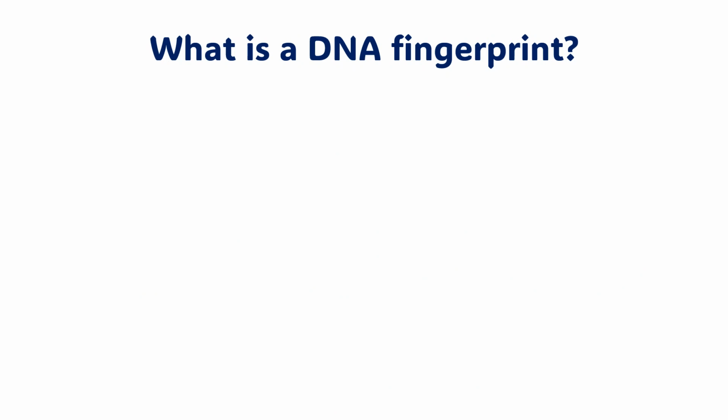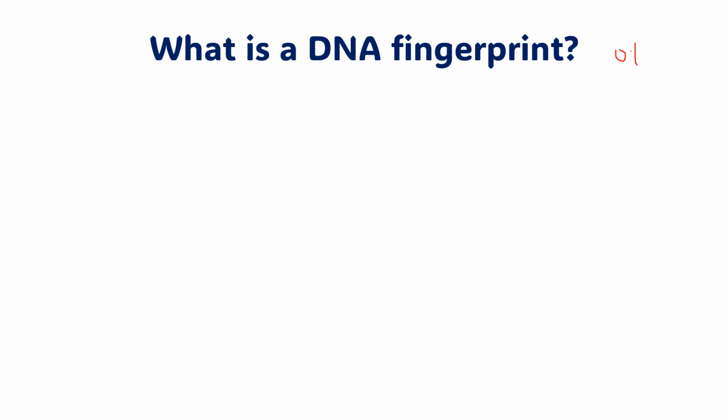What exactly is DNA fingerprinting? On average, about 99.9% of our DNA is the same between two human beings. So we have differences in only 0.1% of the DNA between two human beings. What is this 0.1% of DNA which is different between me and you, or any two persons who are not identical twins?